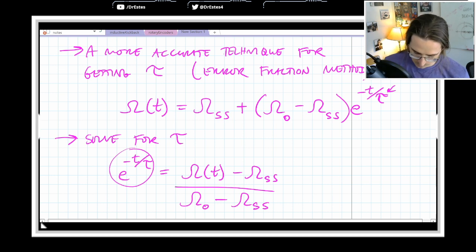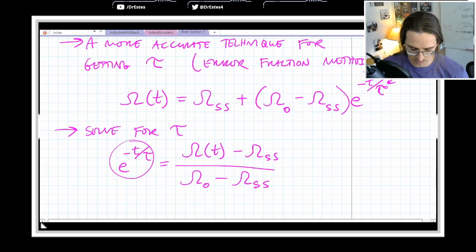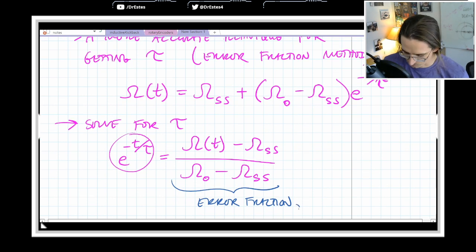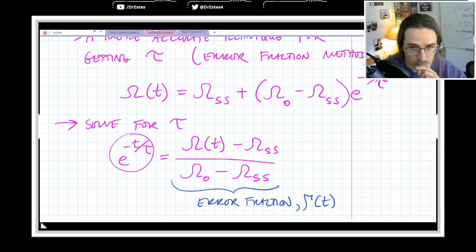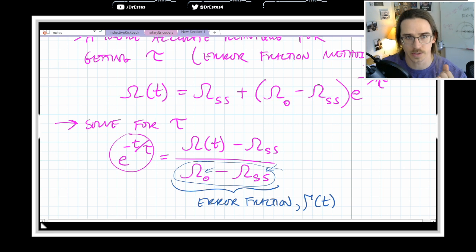Now, this term on the right-hand side, this is the error fraction. And we refer to it as gamma as a function of time. We call it the error fraction because if you look at the denominator, this is the difference between where the response started and where it's finally going.